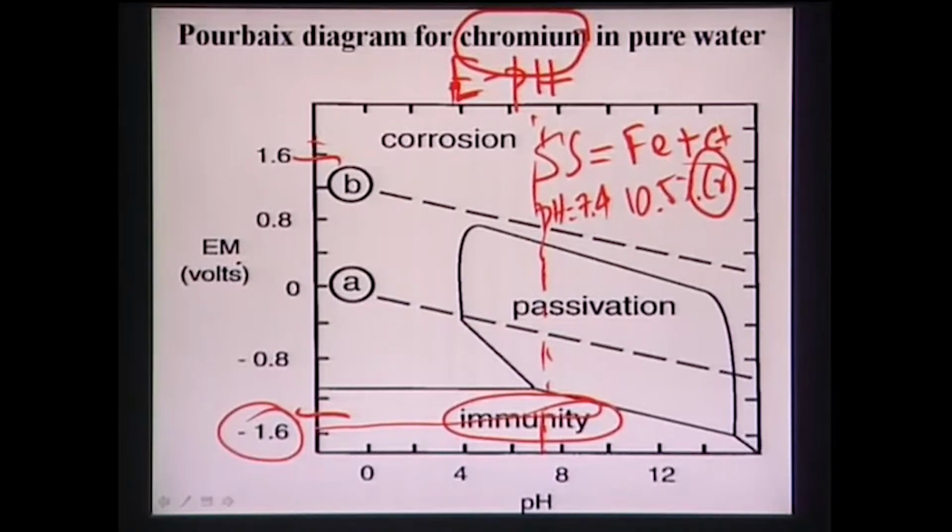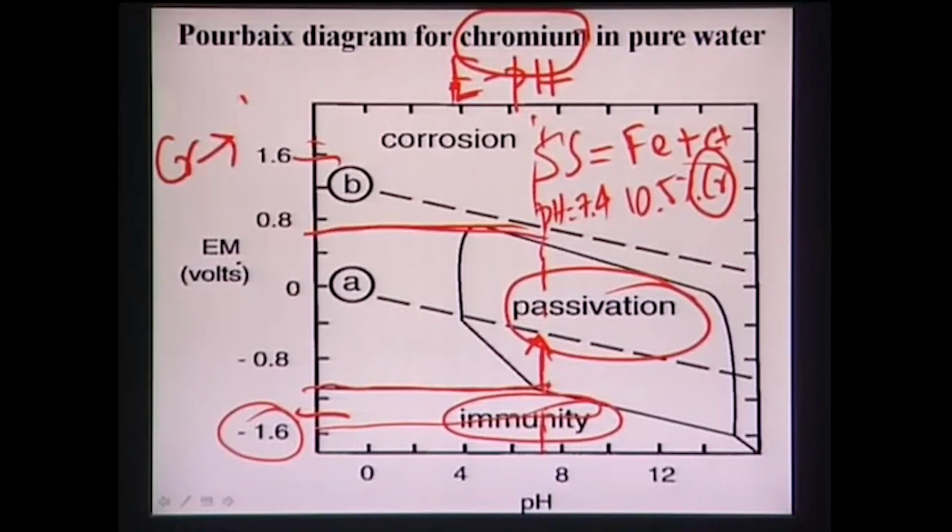Now the moment the electrochemical voltage at this pH is above around minus 1.2 or minus 1, up to a value of around 0.6 or so, then it will undergo passivation. Passivation means that chromium will form chromium oxide, or chromium can form other higher oxides also, depending on the voltage and the conditions.